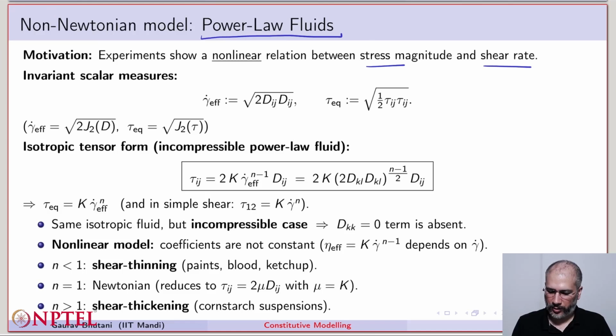In this case, the cause is our rate of deformation tensor. So to quantify the nonlinearity, in this case, we have to define an invariant to work with. So the invariant we work with is called gamma dot effective or the effective shear rate.